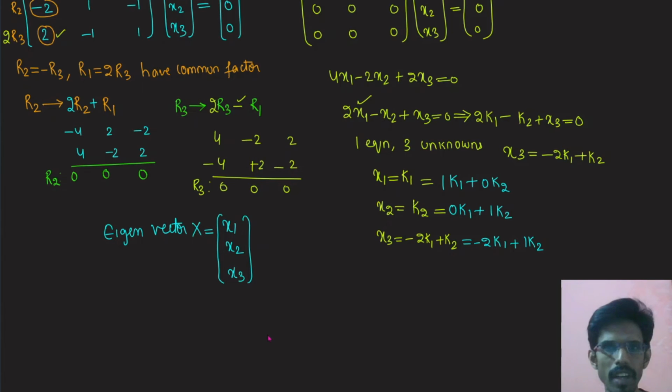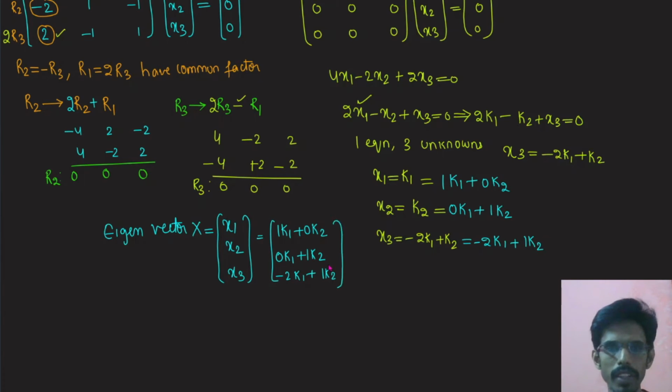Here we have the x1 value. This will now become: x1 value is 1 k1 plus 0 k2, 0 k1 plus 1 k2, and minus 2 k1 plus 1 k2.